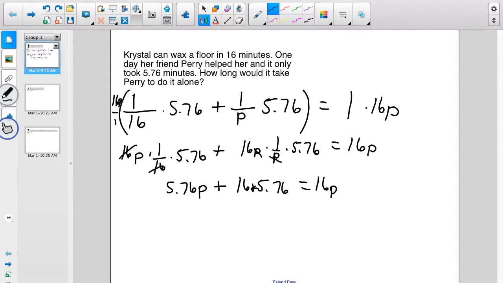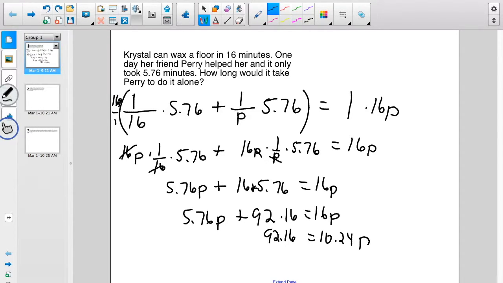And that leaves me with 5.76P plus 92.16 equals 16P. I am then left with 92.16 equals 10.24P, or P equals 9. So it takes her 9 minutes to do it by herself.